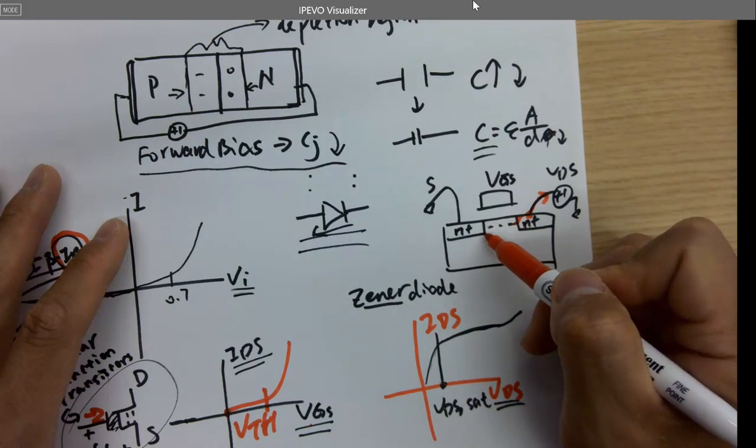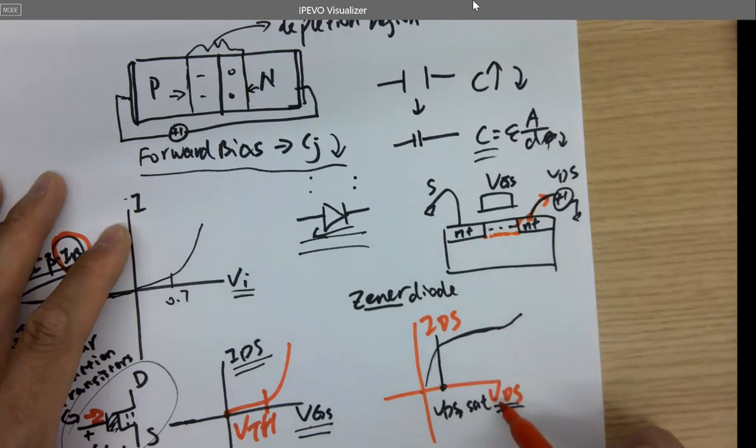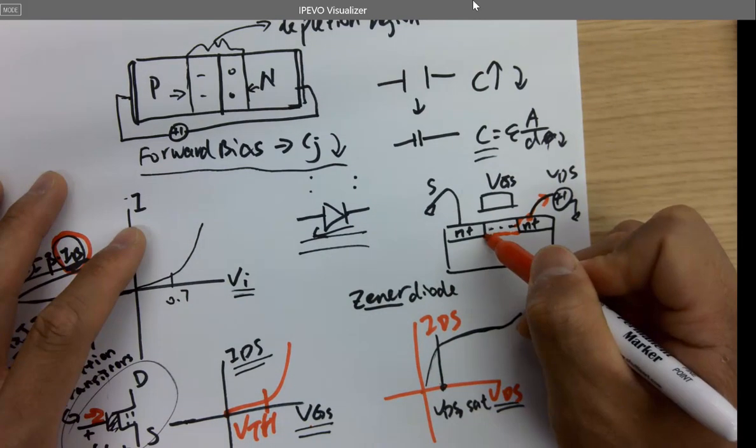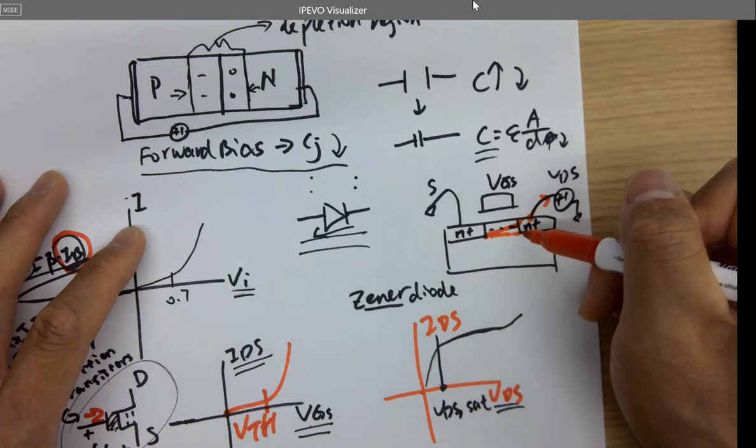This layer used to be like this, but when you turn on VDS, the layer probably looks like this, connecting to the middle of the N terminal here.